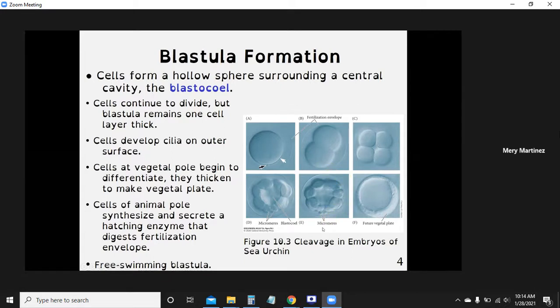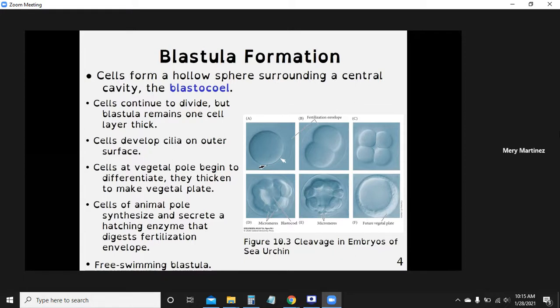The cells continue dividing. We see here they are still big, and here they start getting smaller. Remember, the cells don't grow inside, we're going to get more and more cells, with less cytoplasm.